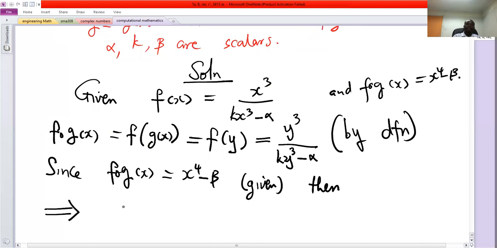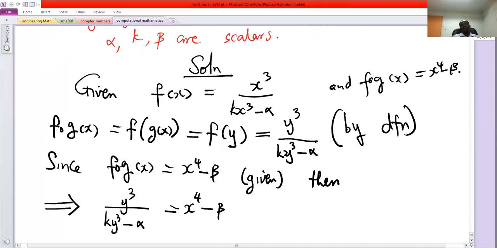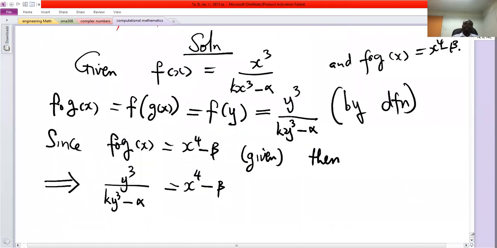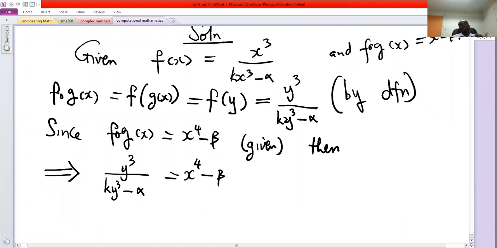It implies that y cubed over k y cubed minus alpha should be the same as x power 4 minus beta. With this, the work would be just to make y the subject. That would be the g of x that we are looking for.